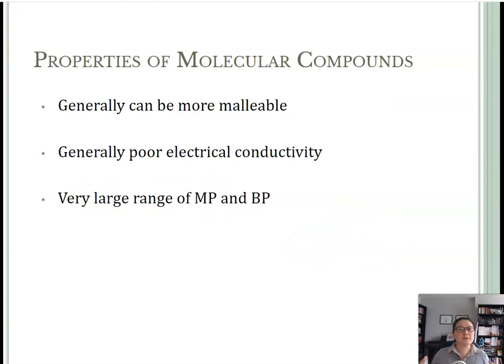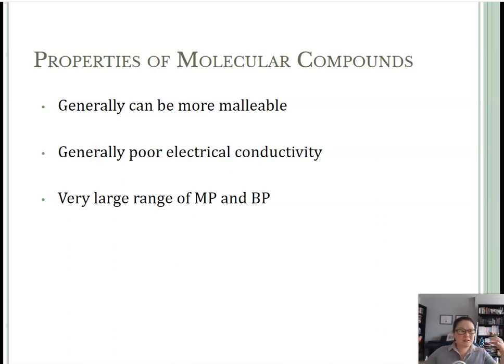So because of this, molecular compounds are going to have these sorts of properties. Instead of always being hard and shattering when force is applied to them, they might bend and spread out a little bit more, and they will be a little bit more malleable than ionic compounds. Also, because you don't have charged particles, you don't have ions involved, they are not going to be good at conducting electricity in any form.